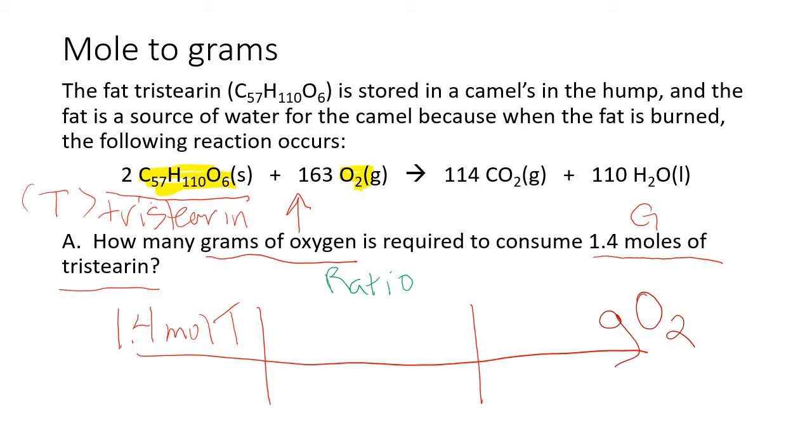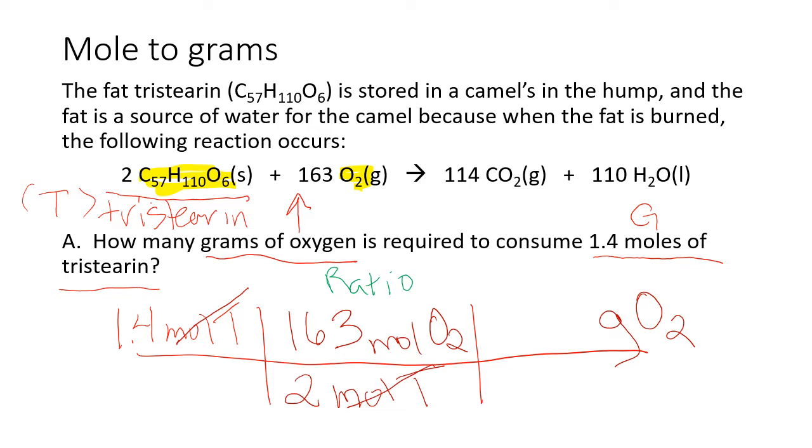Upon looking at that ratio, I see that for every 163 moles of oxygen, I have 2 moles of my tristearine. So 2 moles of the T on the bottom, and the T's cancel off, and we've got 163 moles of oxygen on top.